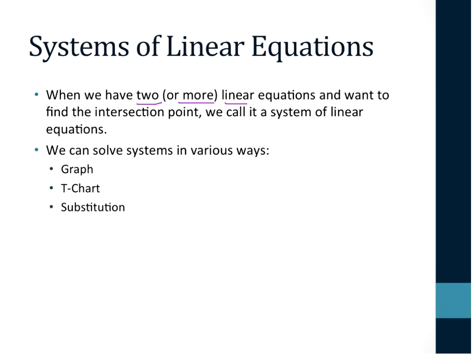So we're going to be looking at two of those lines, and we're going to be trying to figure out if they have an intersection point, and if so, where is it? We're going to look at this in three different ways. There are more methodologies for systems of linear equations, but I'm going to focus on three types, and the main one we're going to be looking at is substitution.